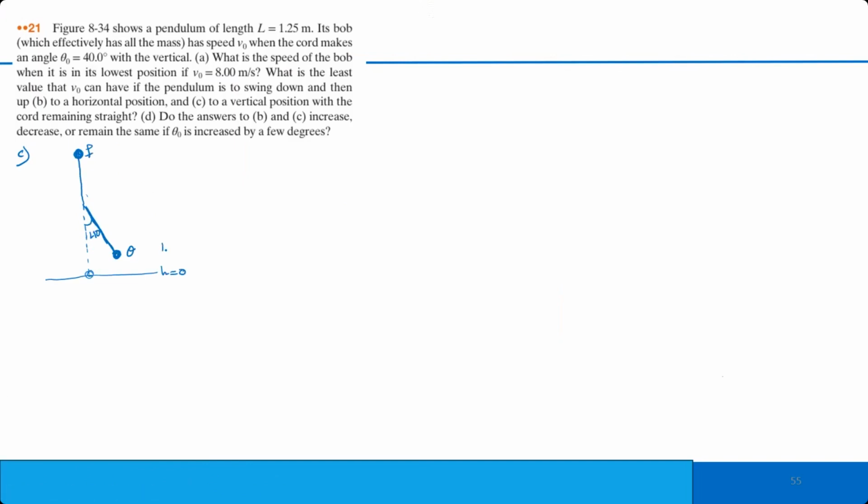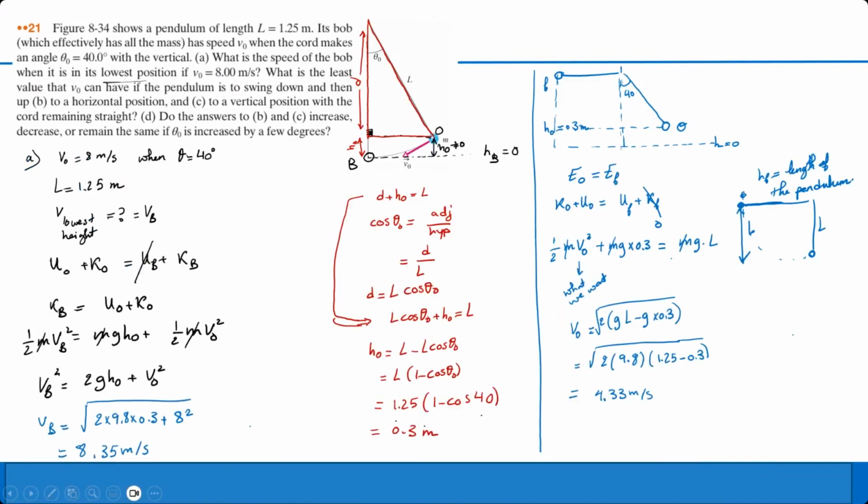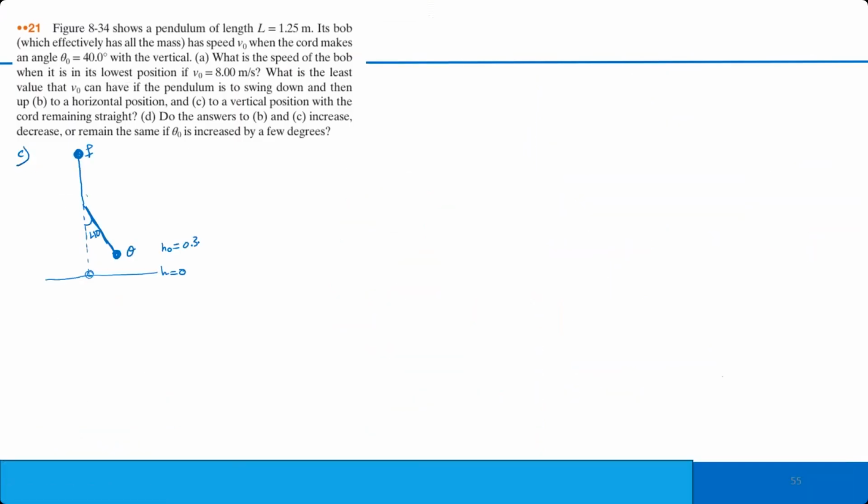So again, H at O is still the same, which was 0.3 meters. Let's look at HF. HF is none other but twice the length of the pendulum. VF is 0. I want the pendulum to barely make it to this maximum height. And V0 is what we want.